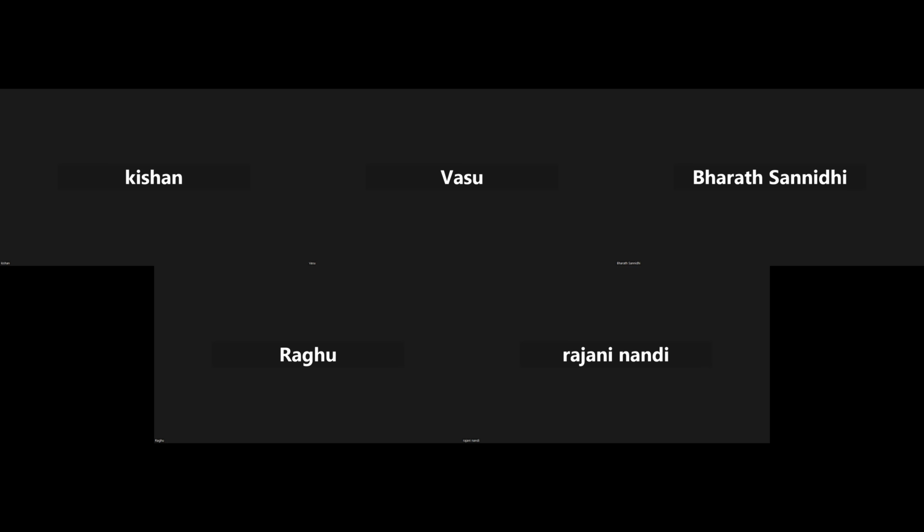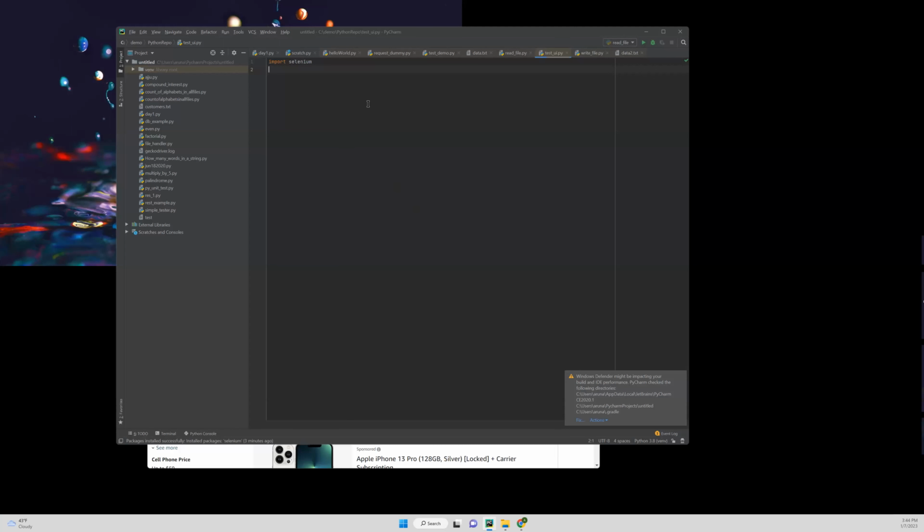So from this point onwards, it's pretty straightforward. You have everything. I'm going to say WebDriver. We want to launch some website. So here I'm going to say webdriver.Chrome. I want to run Chrome WebDriver.